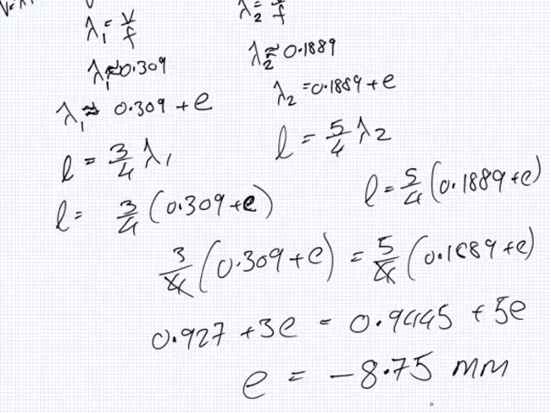If it's going 120 kilometers an hour, we need to convert this into meters per second. 120 times 1000 divided by 3600. That is 33.3 meters per second.